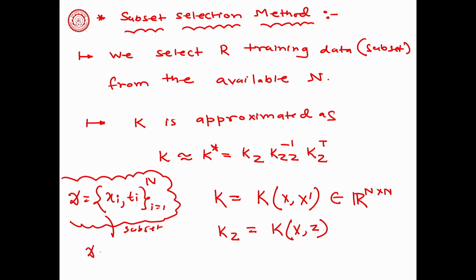So, z is xi comma ti, but i now goes from 1 to r, and whatever xi is here I will call it z. So, basically you select a subset from there and you call it z. Okay. So, then what is the dimension of this? Tell. N cross r.